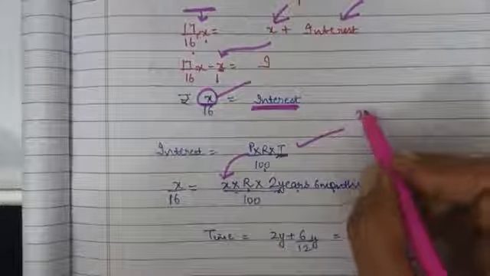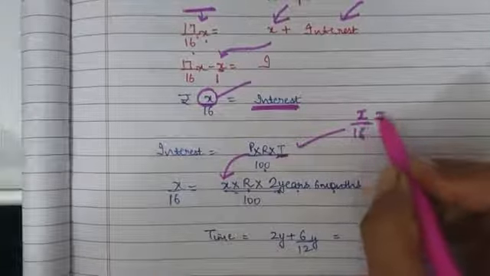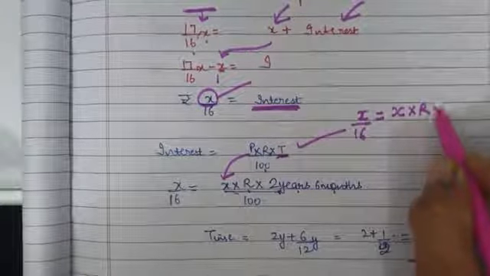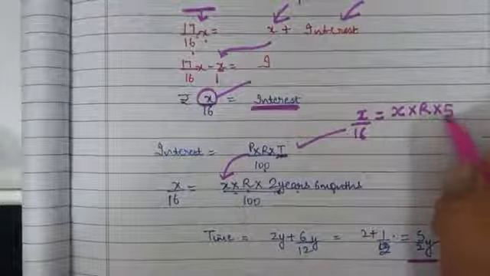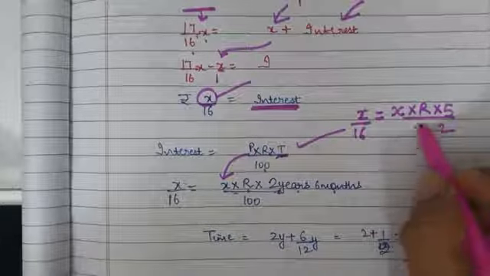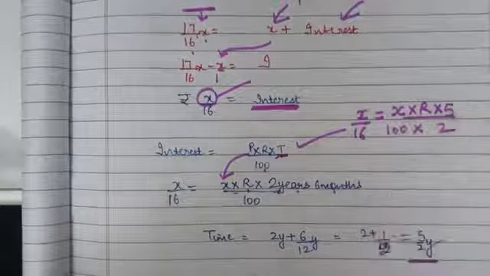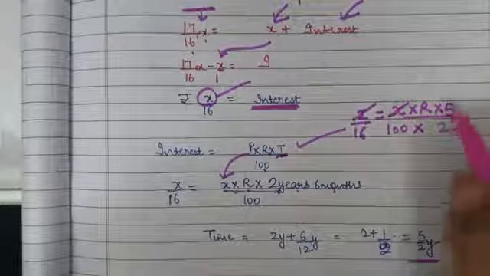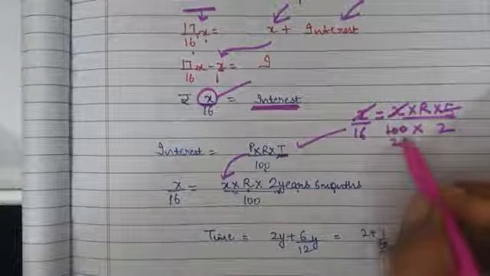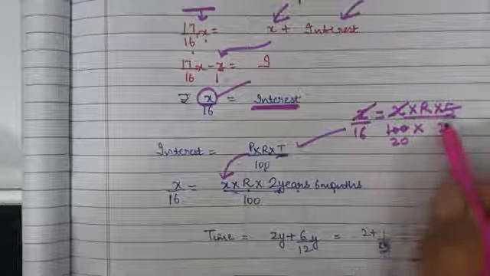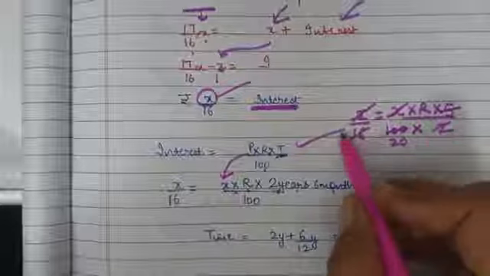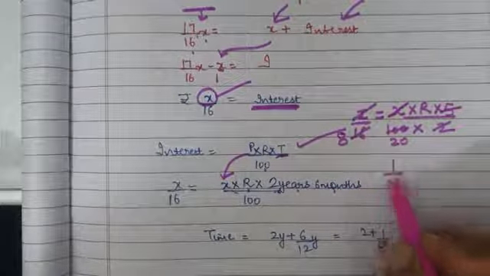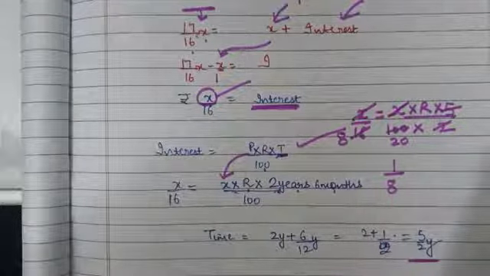So now put the values here. That is x upon 16 is equals to x into R into 5 upon 2 into 100. Clear? x and x we can cancel. Now 5 twos are 10, 2, 8, so 8 is 16. So here we get 1 upon 8. Don't write 8.